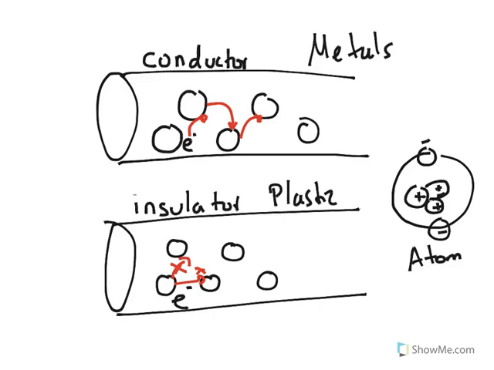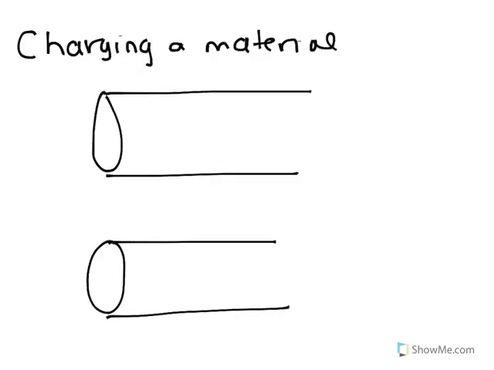Now later on we're going to explain why they move, but you might actually have the idea: in a conductor electrons can move, in an insulator they can't. Now whenever we charge a material, if the material is, for instance, an insulator, and we charge it with negative, you might actually see all the negative charges distributed.